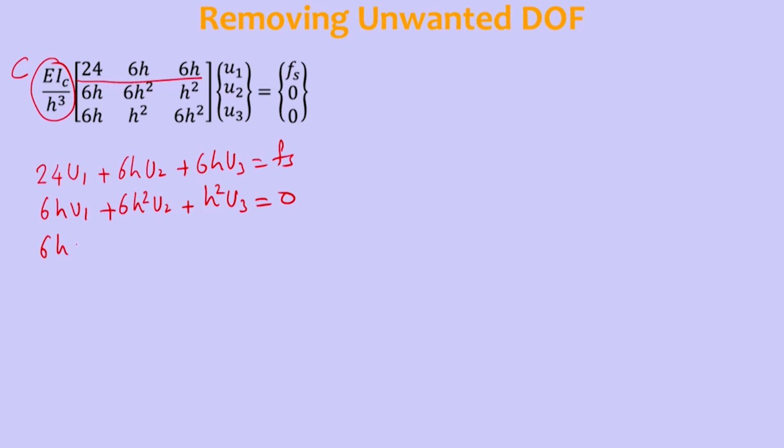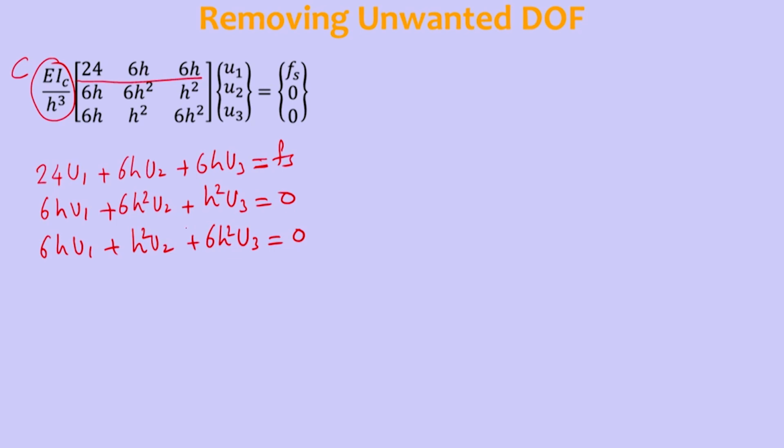So 6H U1 plus H square U2 plus 6H square U3 is equal to 0. So we have force associated, force is applied only in one equation, whereas in these 2 equations it is 0. So it is better to substitute U2 and U3 in the form of U1.